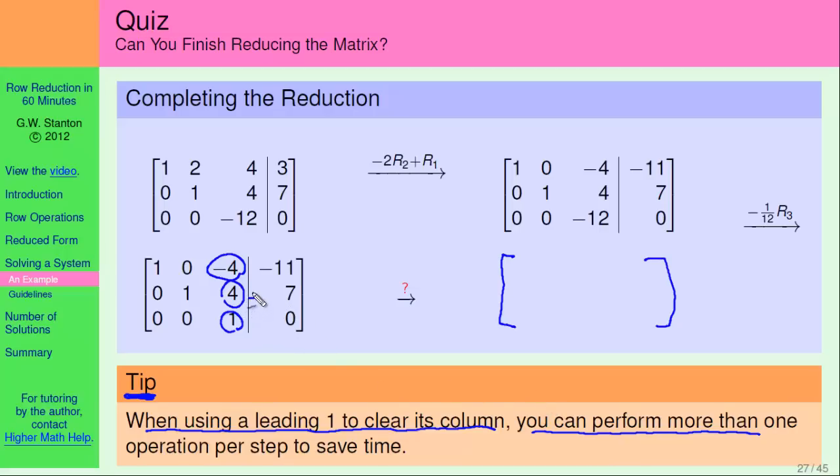So we can clear either entry first. Let's start with the 4, and to do that we use the same row operation as always. We use the 1. The 1 is our friend, so we want to multiply row 3 by the opposite of 4, which is negative 4, and then add that to row 2.